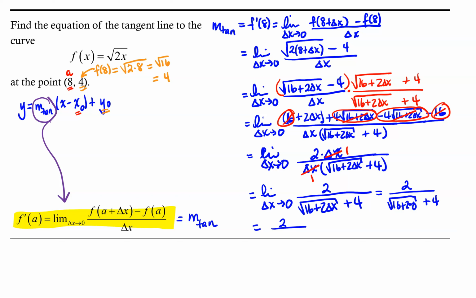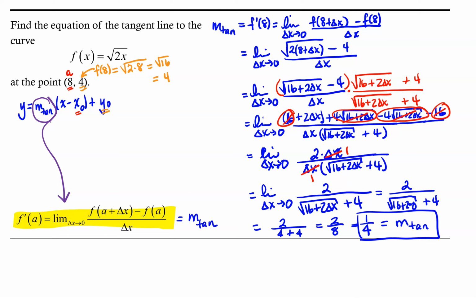That's just square root of 16. So that's 4 plus 4, which is 2 over 8, or 1/4. So the slope of our tangent line at x equals 8 is 1/4.